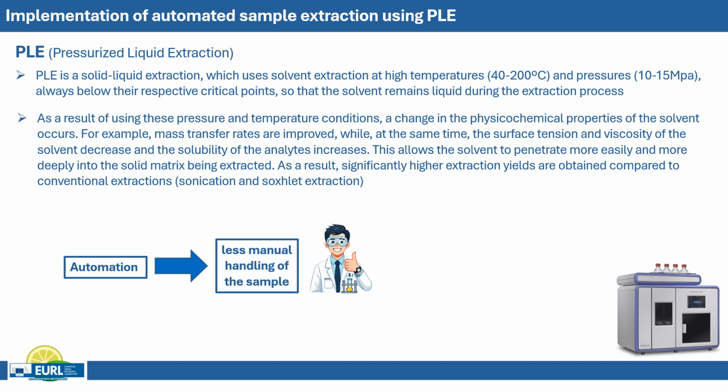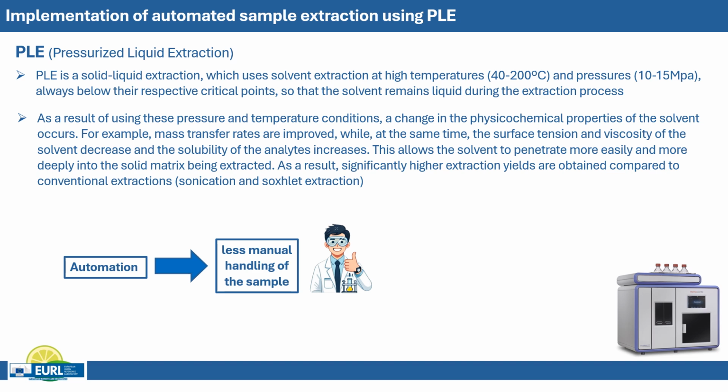PLE is a solid-liquid extraction which uses solvent extraction at high temperature and pressure, always below the respective critical points, so that the solvent remains liquid during the extraction process. As a result of using this pressure and temperature condition, a change in the physicochemical properties of the solvent occurs.